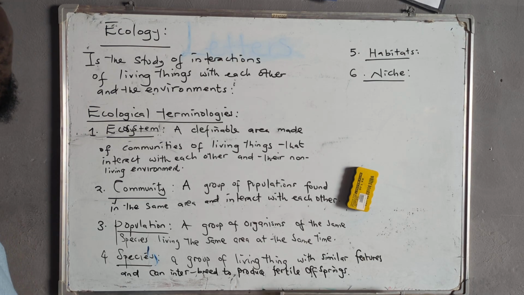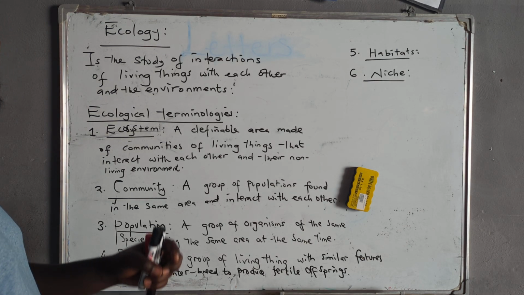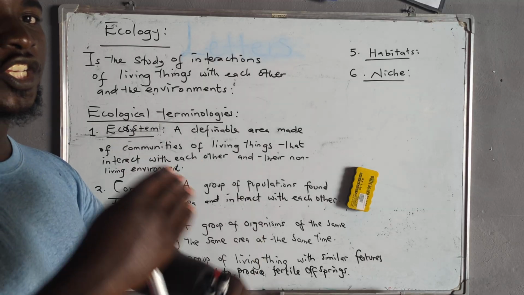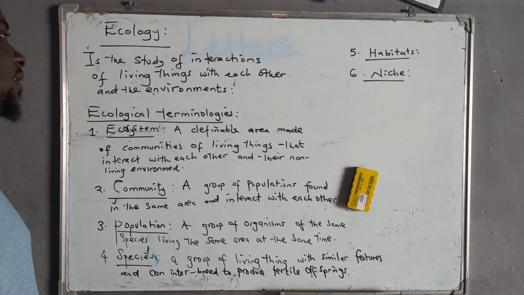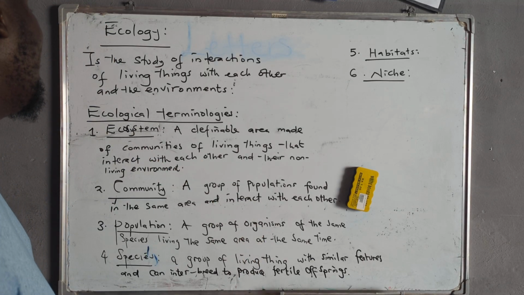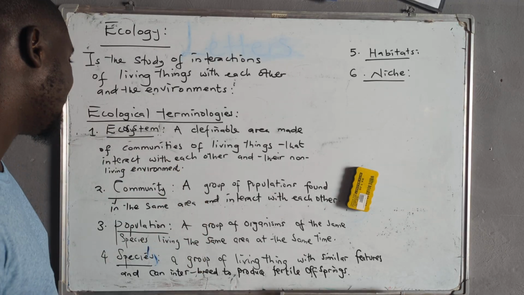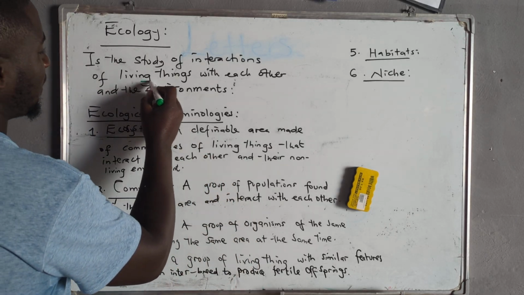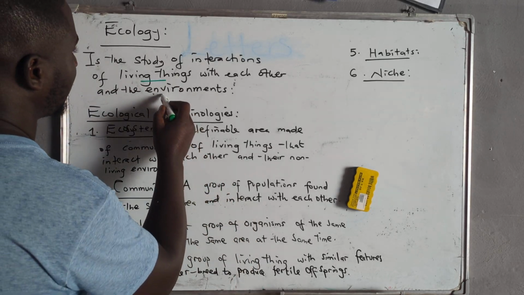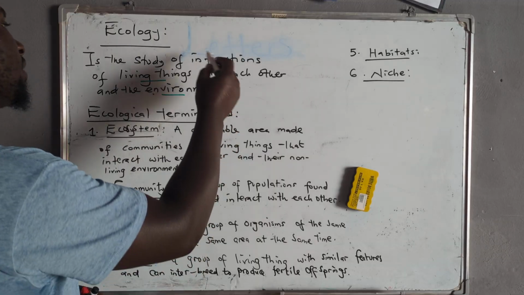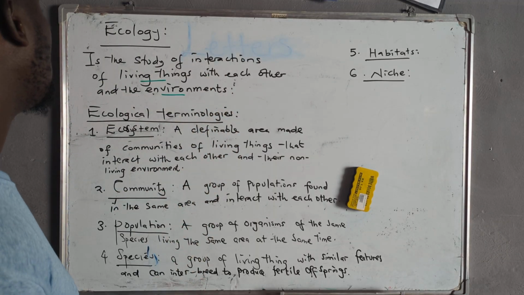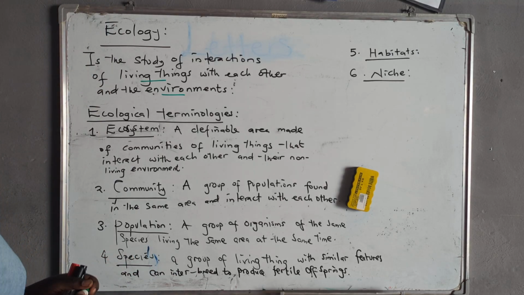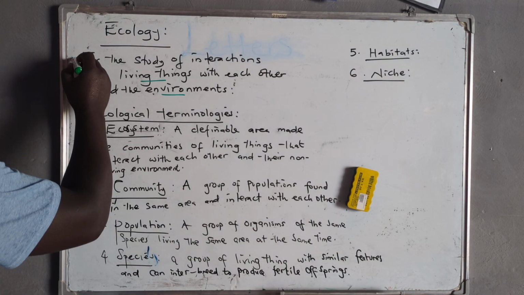So we're studying the interactions, in other words the relationships between the living organisms with each other and also their environment. It pinpoints living things and also environments, and we're studying the interactions, or rather the association. That is basically what ecology is.